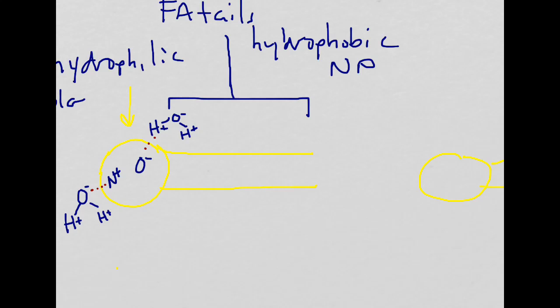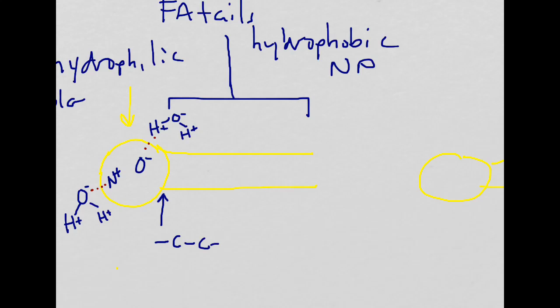The tails are different, though. The tails are made up of hydrocarbons, fatty acids. And remember, there is a glycerol backbone right in here that they are attached to. So this is where the fatty acid would be attached to that 3-carbon glycerol backbone.